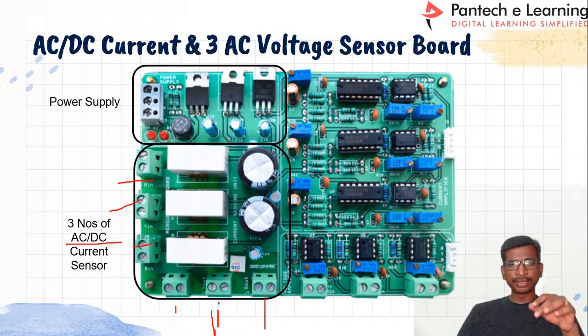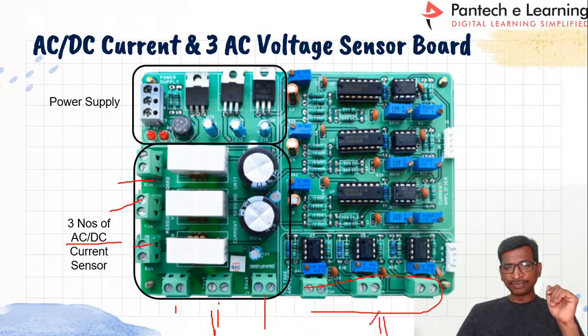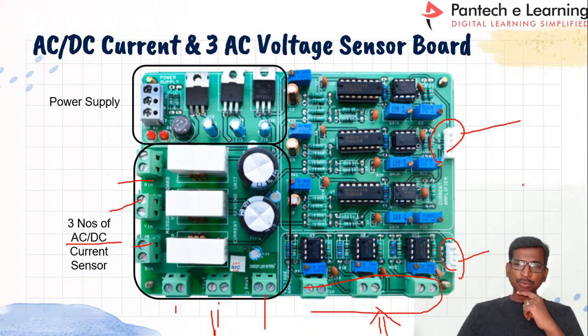Similarly, three-phase AC voltage is connected here, so we have to connect the three-phase AC voltage. From this part you can take the current measurement, and from this part we can take the voltage measurement. Whatever it may be, the output voltage will be 0 to 3 volts, which we can vary with the help of the amplifier. The gain amplifier values will all be mentioned.